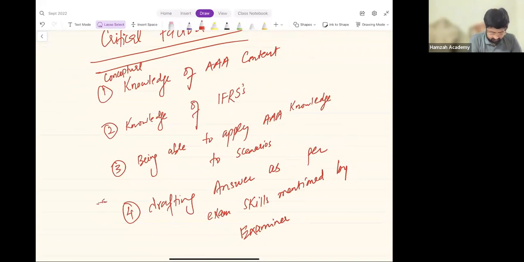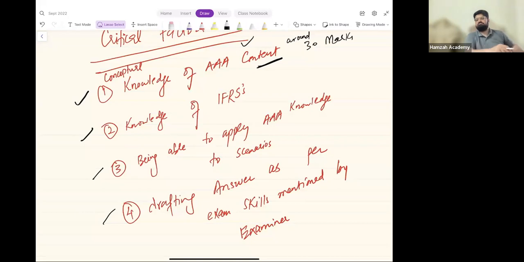Now, students, let us do the analysis. This is the first step, second, third, fourth. If you have knowledge of AAA only, you get around 30 marks in the paper.